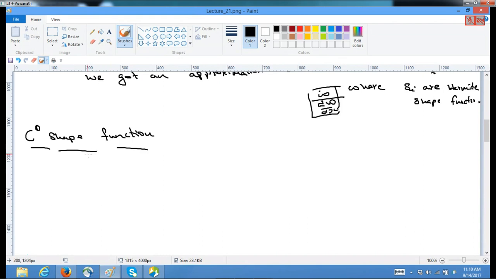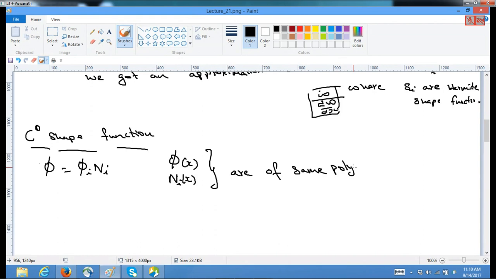So that means if you have shape functions which are Ni, so let's say phi is equal to phi i Ni, that means both phi of x and all the Ni of x are of the same polynomials.